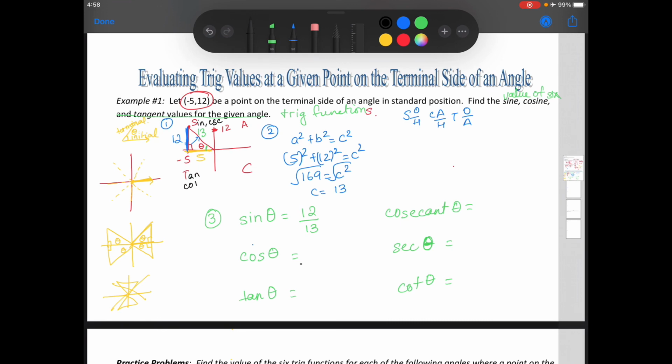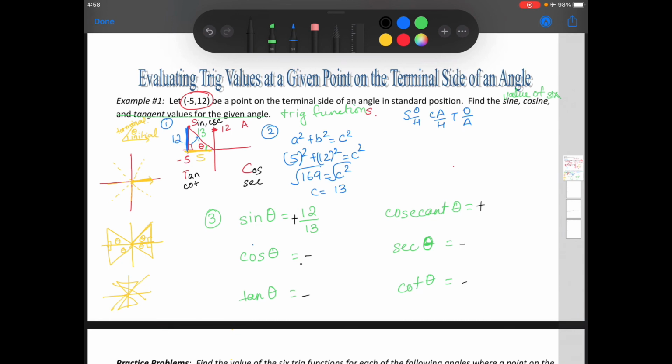Tangent and its reciprocal are positive in the third quadrant, and cosine and secant are positive in the fourth quadrant. Since we're in the second quadrant, my sine will be positive and my cosecant will be positive. The rest will be negative. So be very careful. The signs are very important.